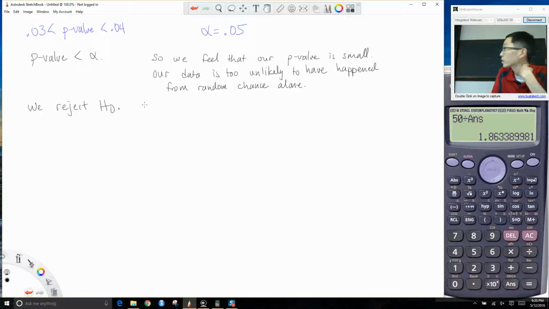And we say that 50-minute difference we observed between the average battery life of group A and group B was not a result of random chance, but was in fact evidence that brand A's batteries, or company A's batteries, last longer than brand B's. So we reject the null hypothesis.